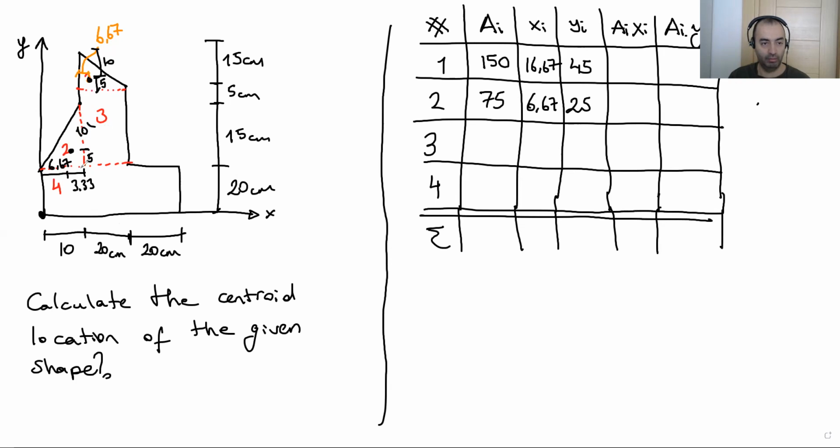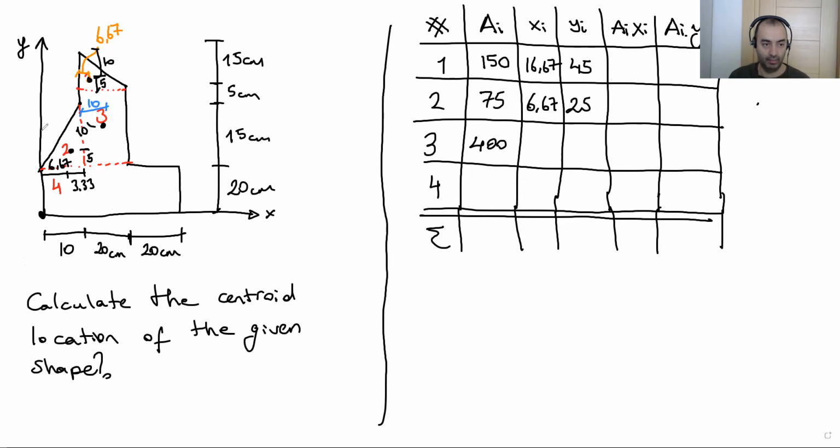Okay, we are in 3 now. Let's calculate the area. Area is 20 by 20, 20 times 20. So 400 is the area. Its center is here at the midpoint. As you know, this total distance is 20. Here is 10.